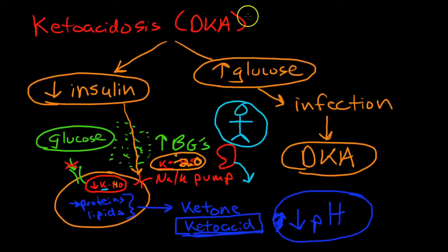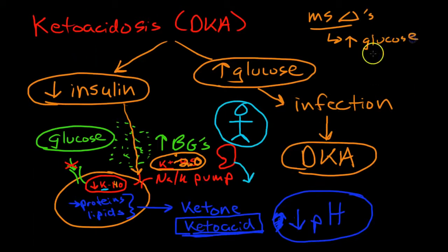One of the effects of ketoacidosis is mental status changes, and this actually happens with ketoacidosis and another condition called non-ketotic hyperosmolar coma. And this is primarily due to increased glucose levels, increasing the osmolarity of our blood. We have so much glucose going around, and I've seen people with glucoses up in the 900s.